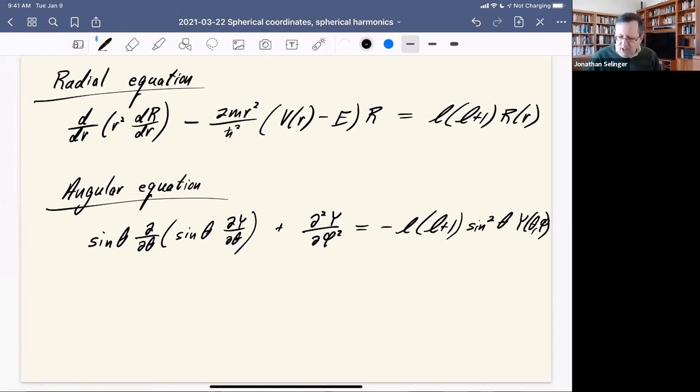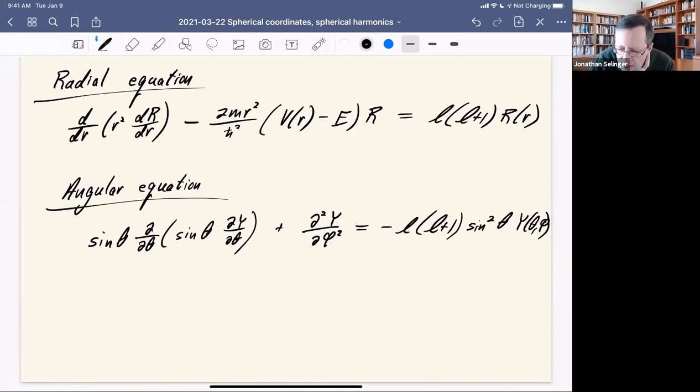So this now is our pair of separated equations for the radial coordinate and the two angular coordinates.